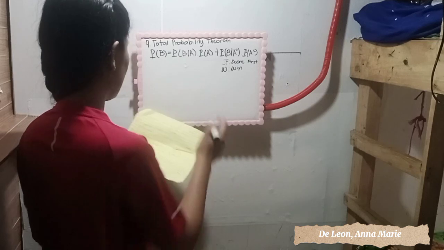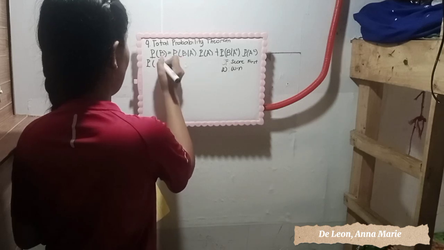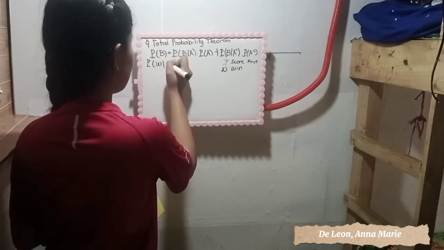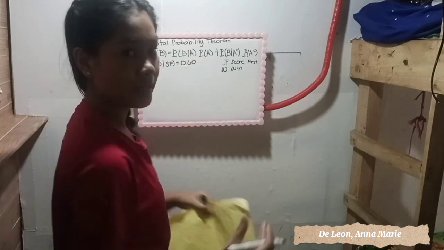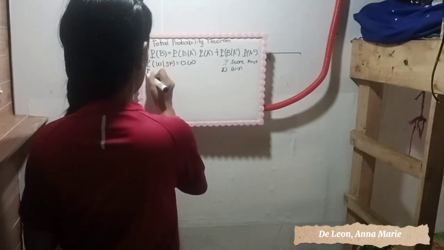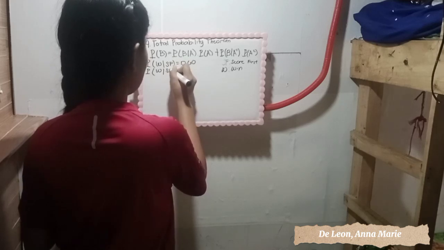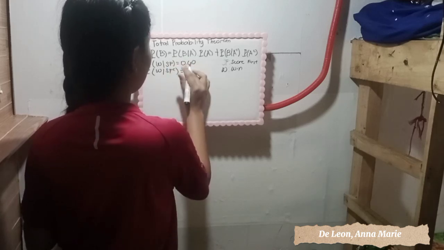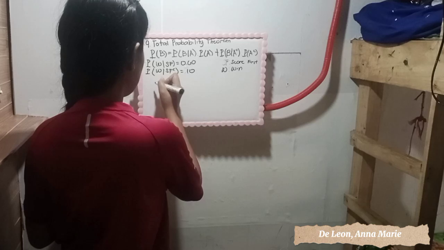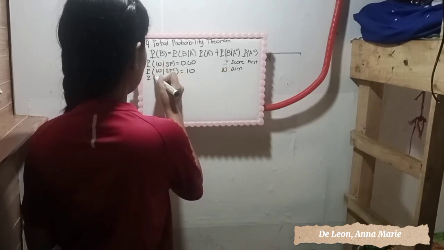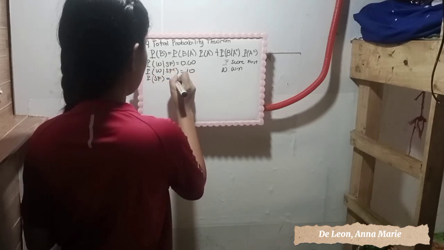So here we have the probability of win given she scored first is equal to 0.6 or 60%, and the probability of win given that she does not score first is equal to 10% or 0.10, and the probability of SF, which represents that she scored first, is equal to 0.30.